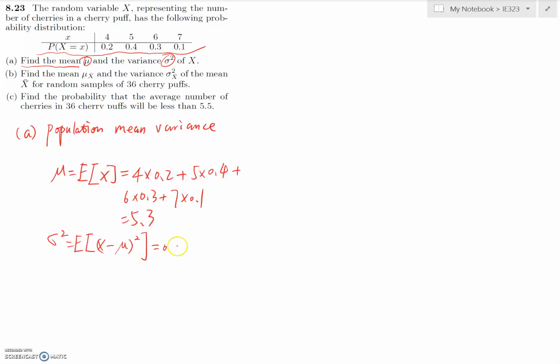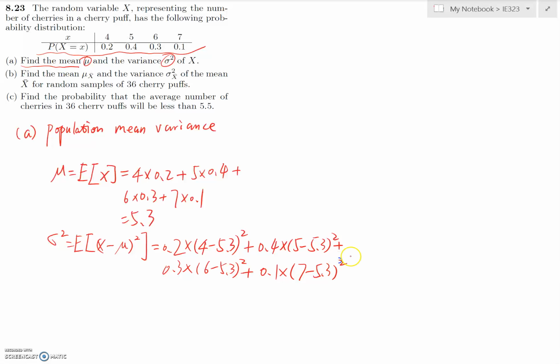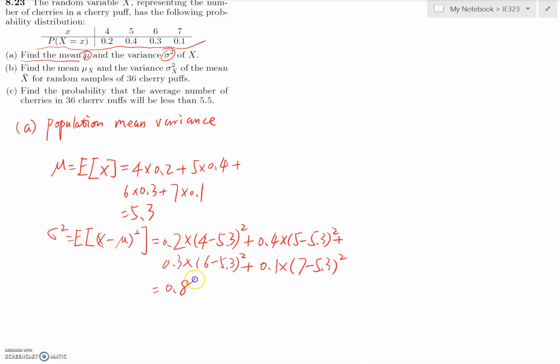So this should equal 0.2 times 4 minus 5.3 squared plus 0.4 times 5 minus 5.3 squared plus 0.3 times 6 minus 5.3 squared plus 0.1 times 7 minus 5.3 squared. This equals 0.81. So that's for the first problem.